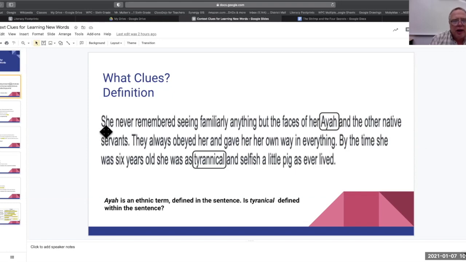So let's read it again. She never remembered seeing familiarly anything but the faces of her ayah and the other native servants. So even in that line, there is a clue. Because the word ayah is linked to and the other native servants.